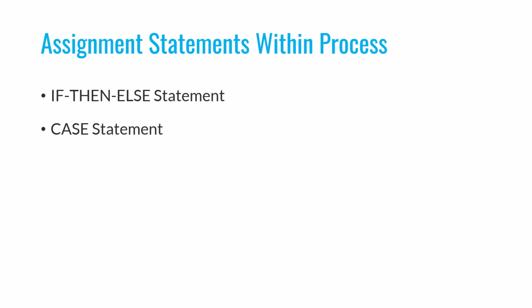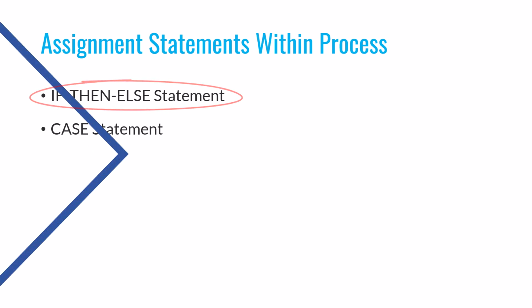Just as we had specific assignment statements in the concurrent section to describe various combinational circuits, the sequential region also has assignment statements that allow us to describe both sequential and combinational circuits. Two common and essential assignment statements in the sequential region are the if-then else statement and the case statement. Today, I'll focus on the if-then else statement.